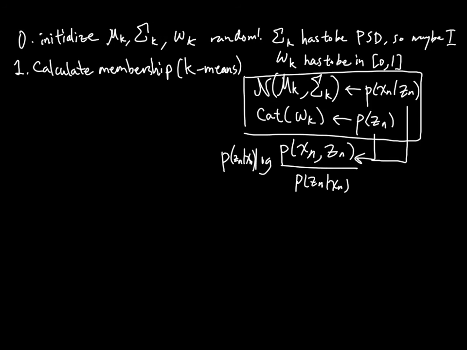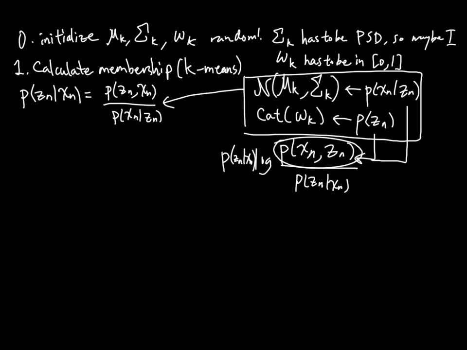So we calculate p of zn given xn, and this is equal to p of zn and xn divided by p of xn. We have everything we need to calculate that, because the joint we can calculate from both of these, and this one by itself is the denominator.